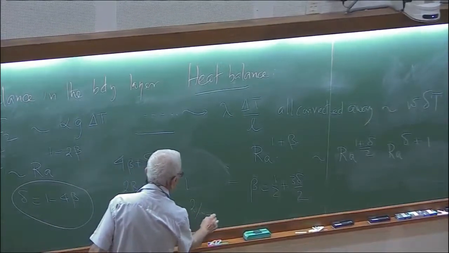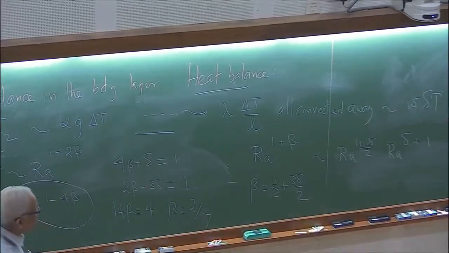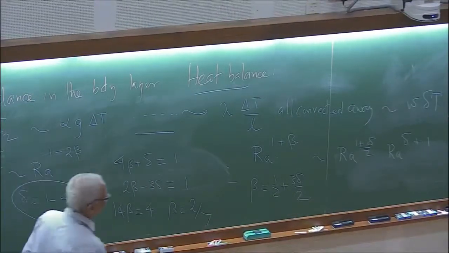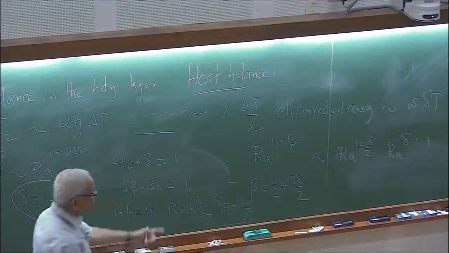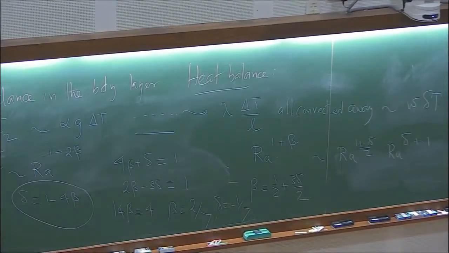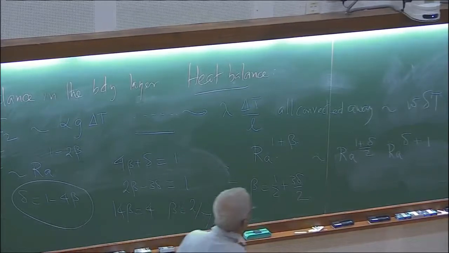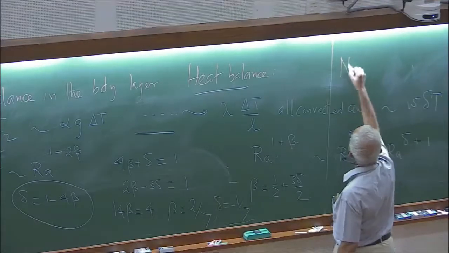Beta is equal to 2 by 7. And if beta is 2 by 7, then delta is equal to minus 1 by 7, which, as I told you, delta had better turn out negative. So delta has turned out negative, and this is minus 1 by 7. So the things are consistent, and beta has turned out to be 2 by 7.